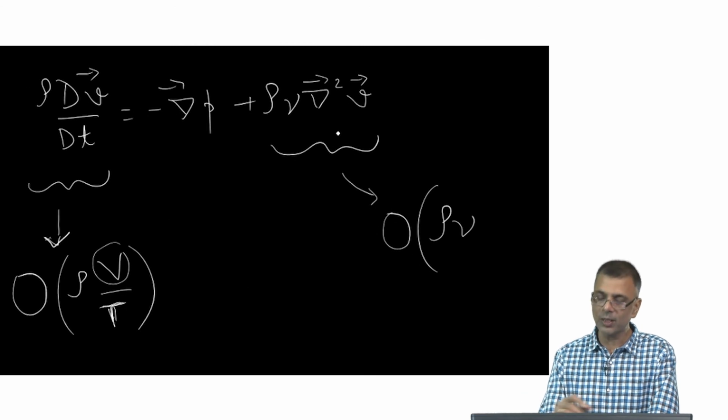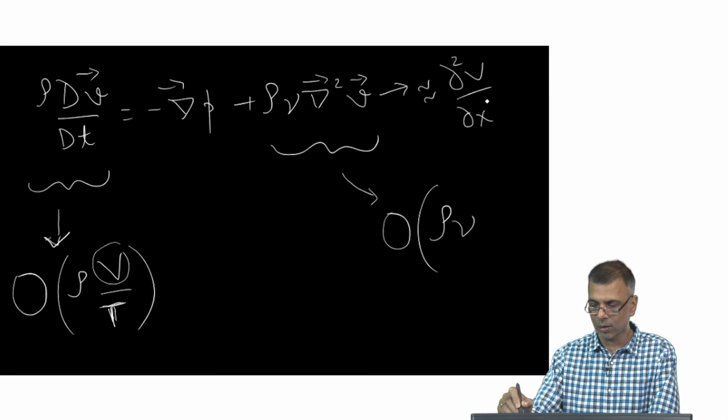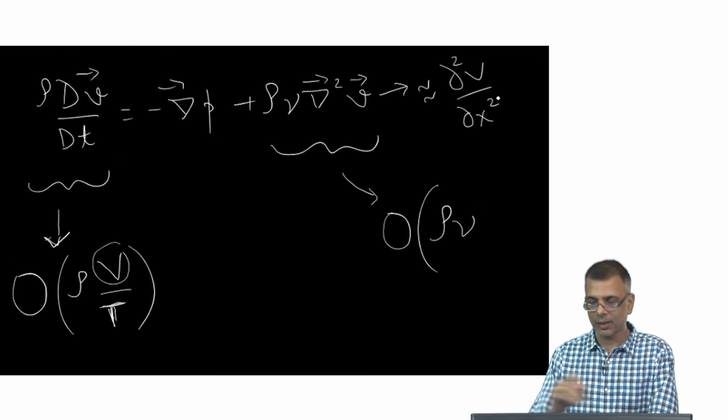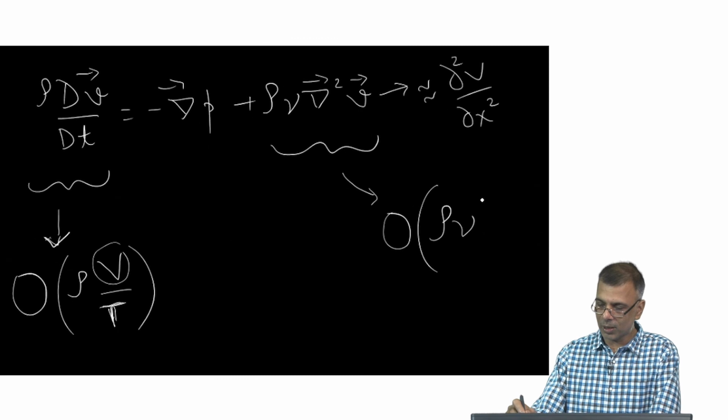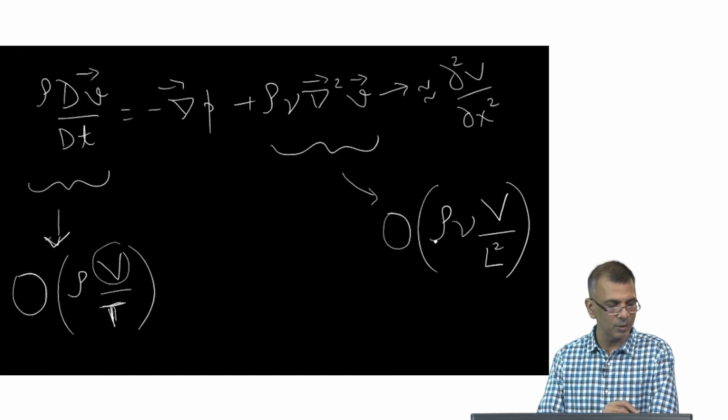So it's essentially velocity divided by some length scale squared. It is some characteristic velocity divided by some characteristic length scale squared. That's the order of magnitude of this term.